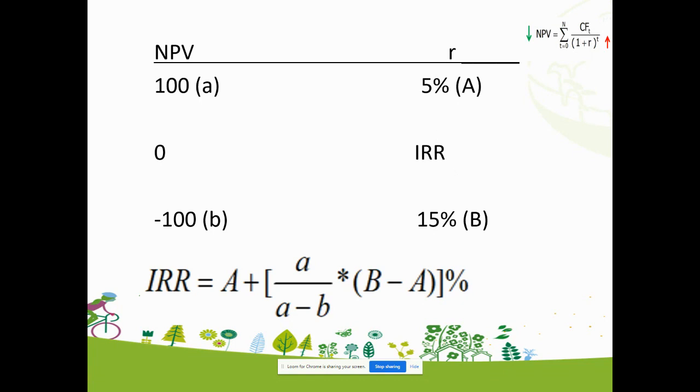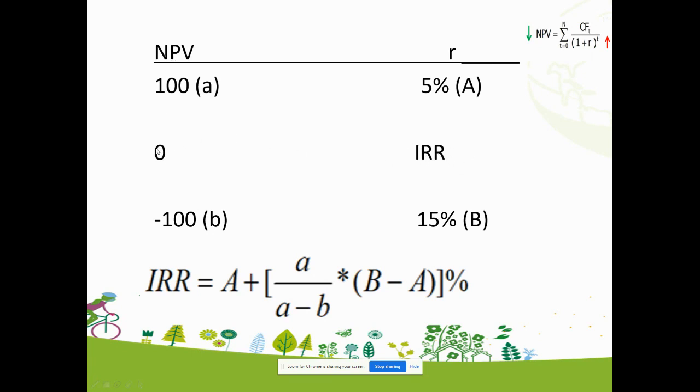But before we get into that, actually without the need to use this formula, if you are smart enough, you should be able to know the IRR just by looking at the four figures. First of all, you know that the IRR is going to be between 5% and 15%. The reason is very simple: IRR is the discount rate when the NPV equals zero.